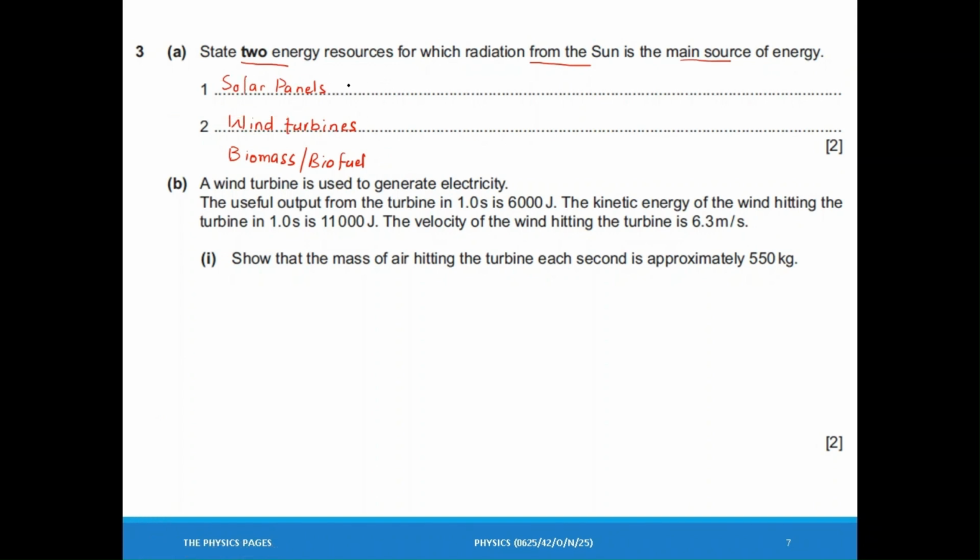Solar panels convert sunlight into electricity.